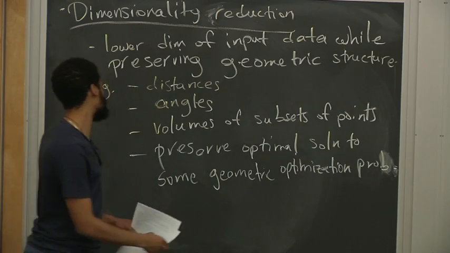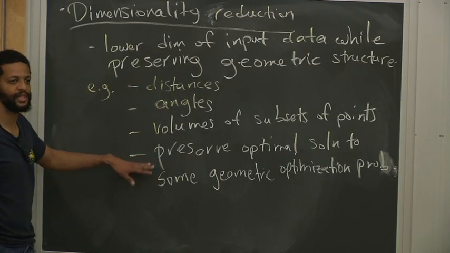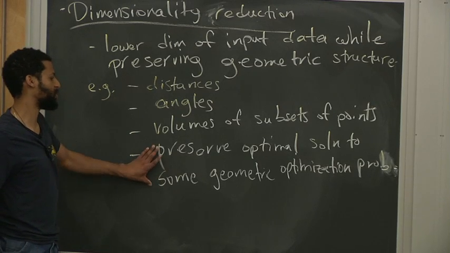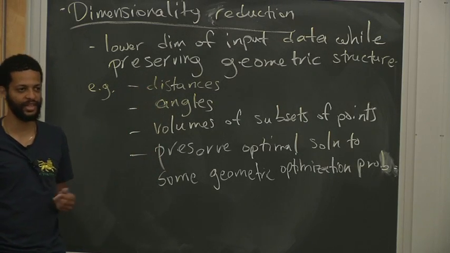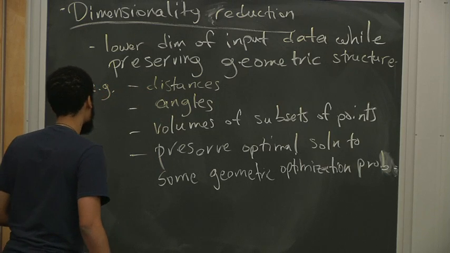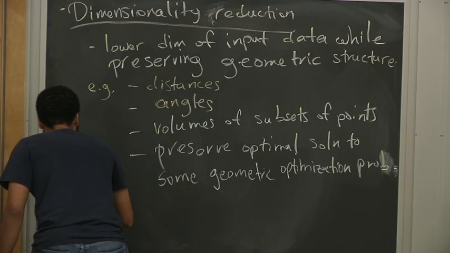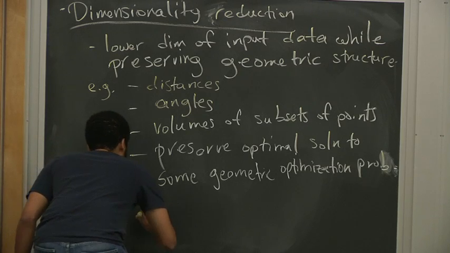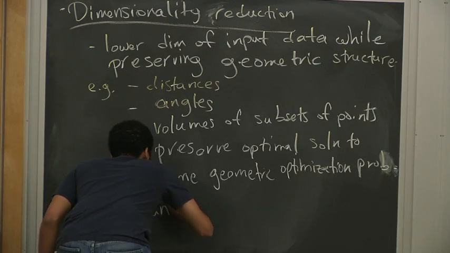Okay, and sometimes to do this, it's enough to preserve distances. Sometimes there's something else you want to preserve. Sometimes you can do better if you just want to preserve this as opposed to all distances or something like that. Okay. And in the remainder of today, we want to preserve distances.